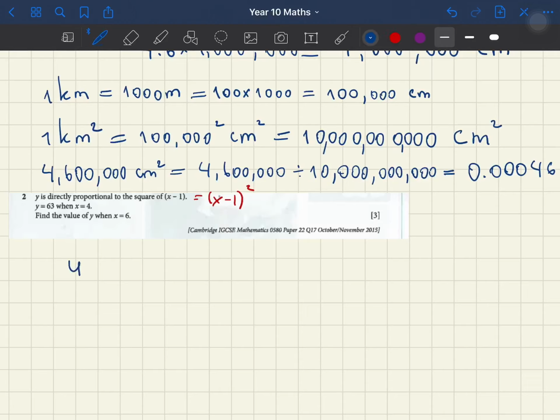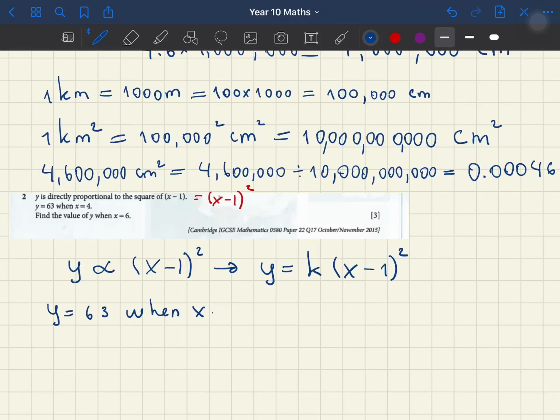So y is directly proportional, so we write this sign. It's directly proportional to x minus 1 squared, which means that y equals k times x minus 1 squared, right? And we know y equals 63 when x equals 4.